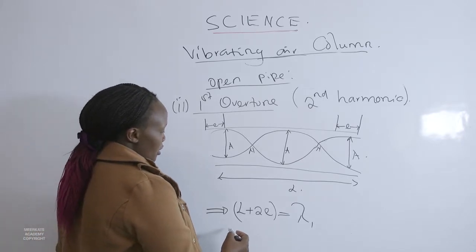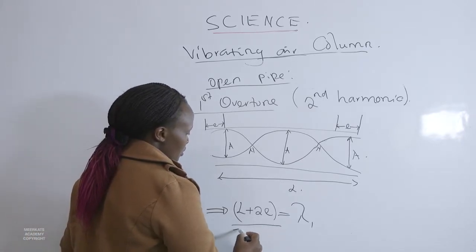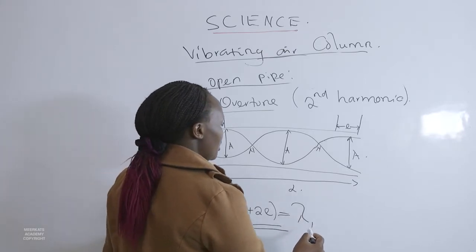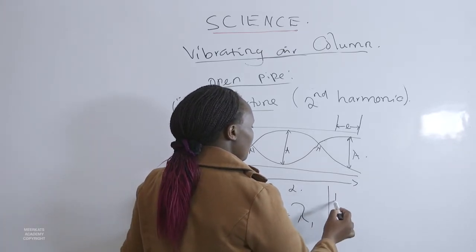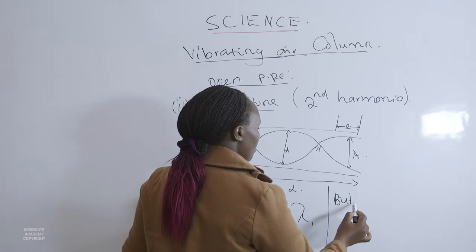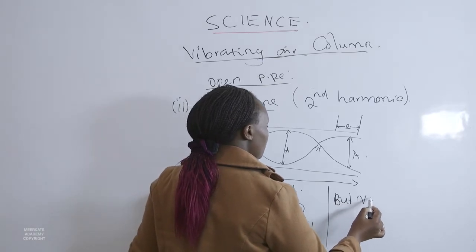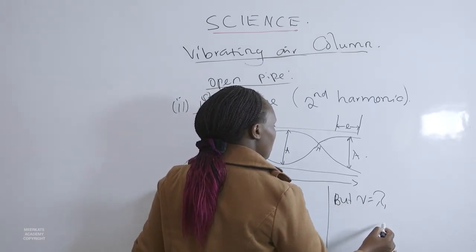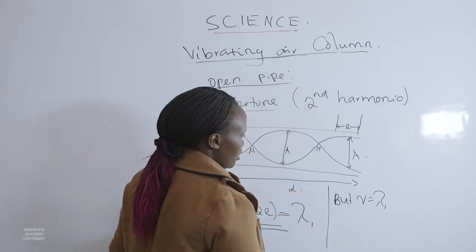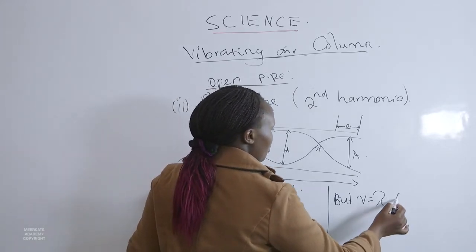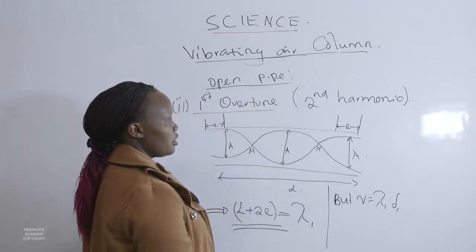We can feed this into the relationship that V is equal to the wavelength multiplied by the frequency.